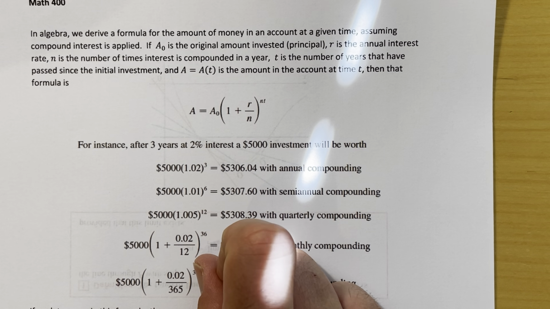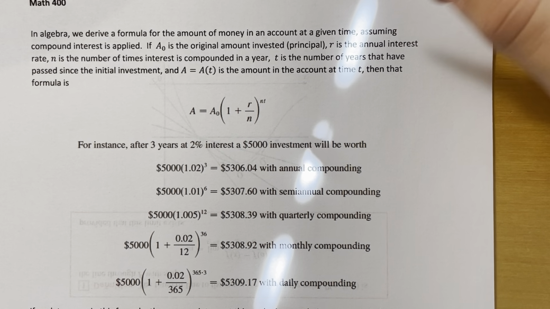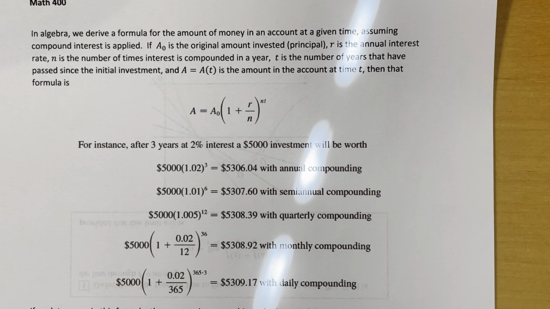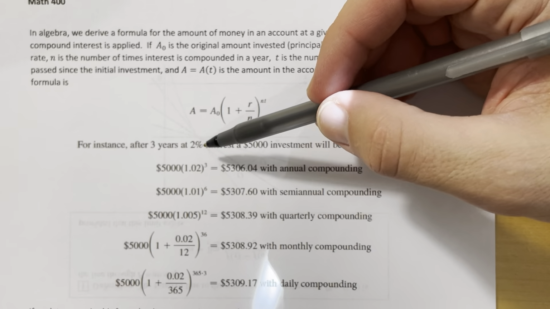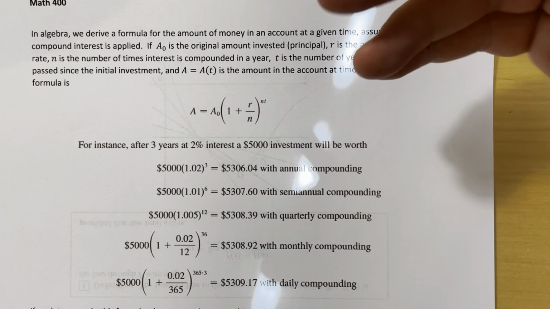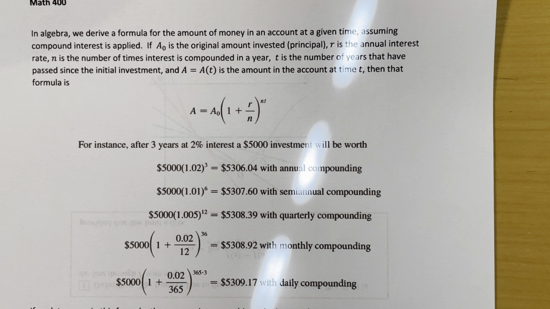So for example, if you see something that says interest is compounded quarterly, that means 4 times per year. So we don't do 2% for each of those 4 times. That would cause you to accumulate money very, very quickly. Instead, what we do is we divide 2% by 4, which is 0.5%, and apply a 0.5% interest every 3 months. So that way you would get 4 in a year.